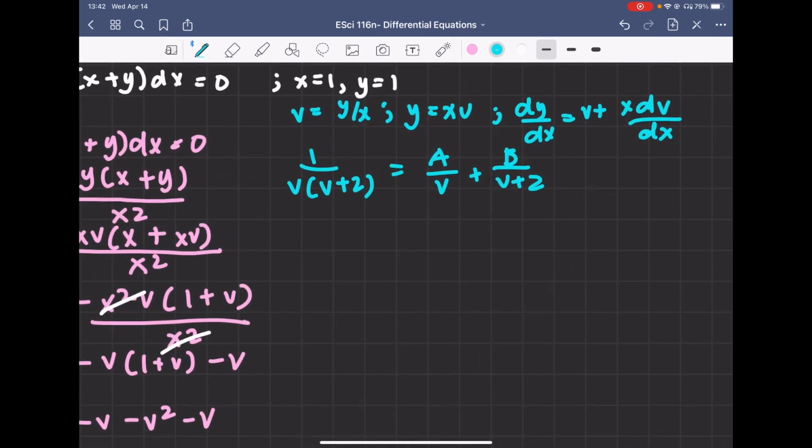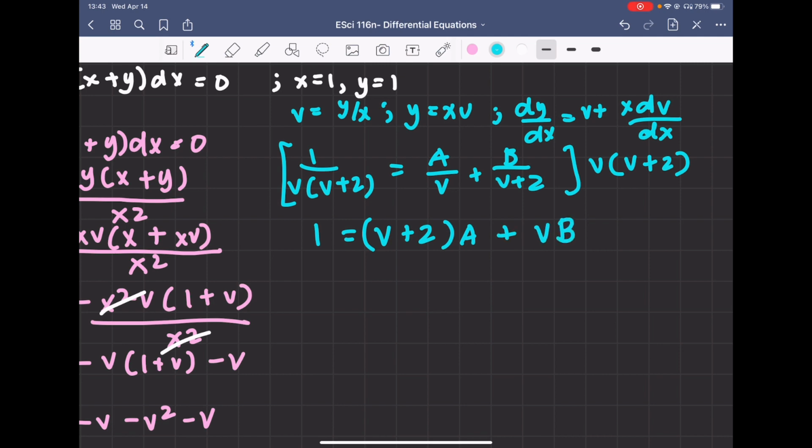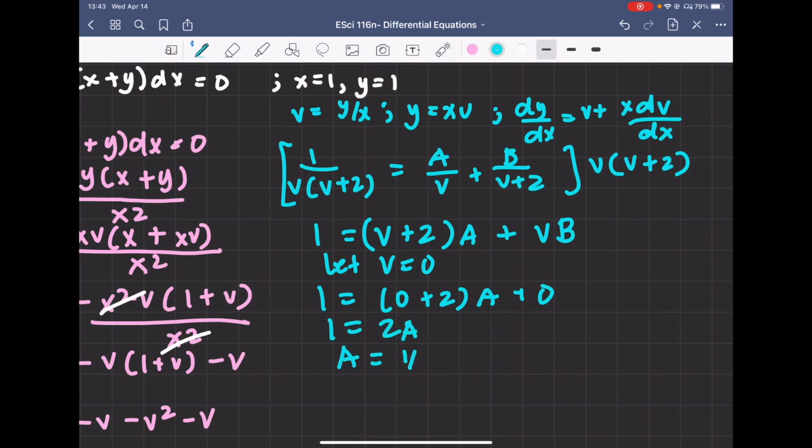So multiplying both sides by v times v plus 2 to remove all the denominators, we have 1 equals v plus 2 times a, plus vb. So we can let v equal 0. We have 1 equals 0 plus 2 times a plus 0. That's 1 equals 2a. So our a equals 1/2.